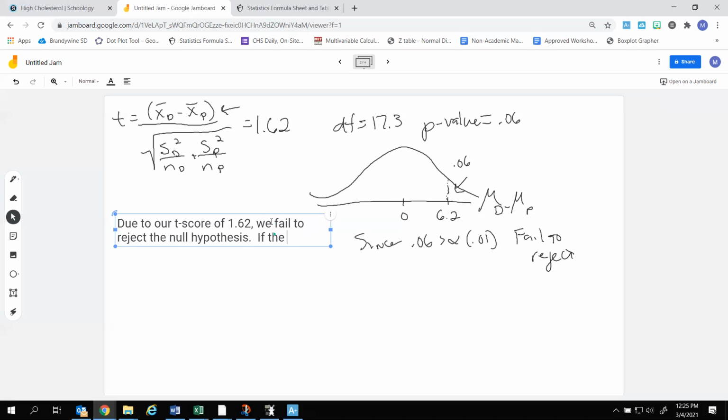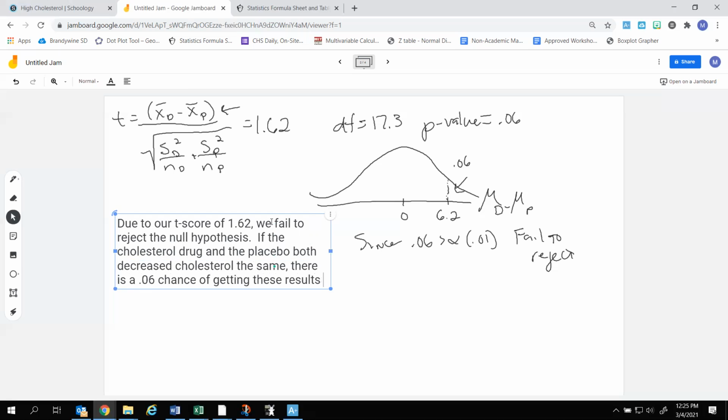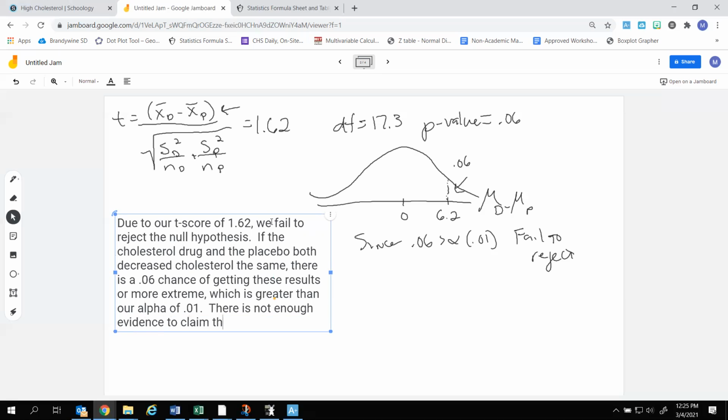If the cholesterol drug and the placebo both decreased cholesterol the same, there is a 0.06 chance of getting these results or more extreme, which is greater than our alpha of 0.01. There is not enough evidence. Now remember, this is an experiment, so we can get away with saying this next thing. There's not enough evidence to claim that the drug reduces cholesterol more than the placebo.